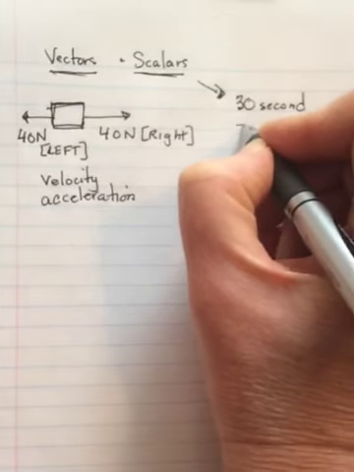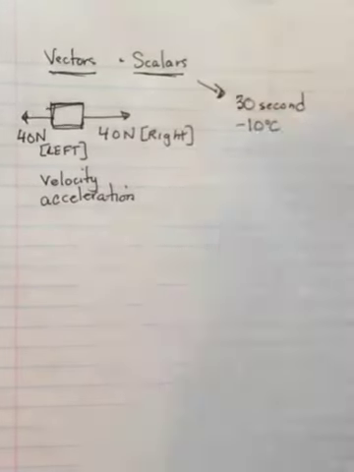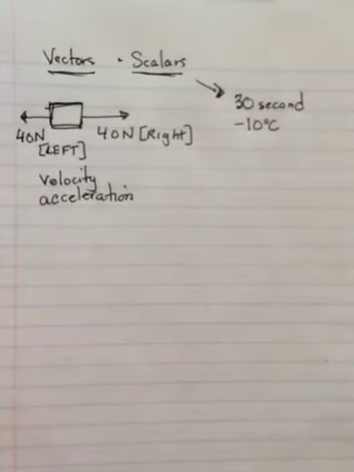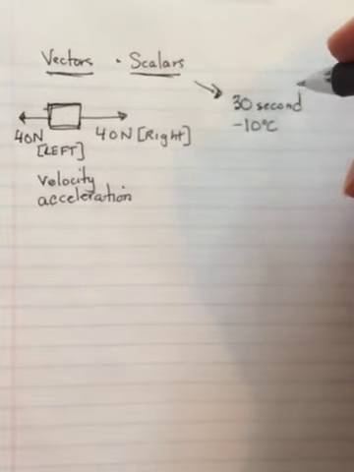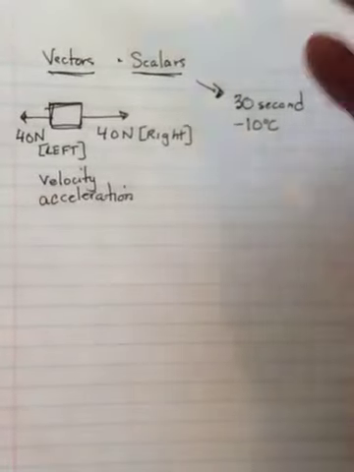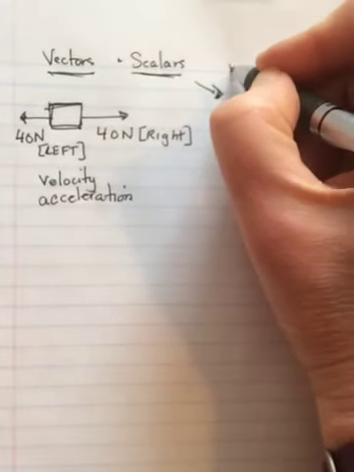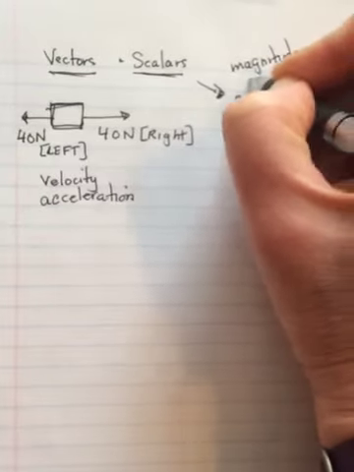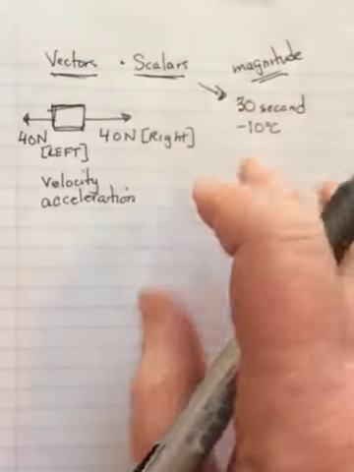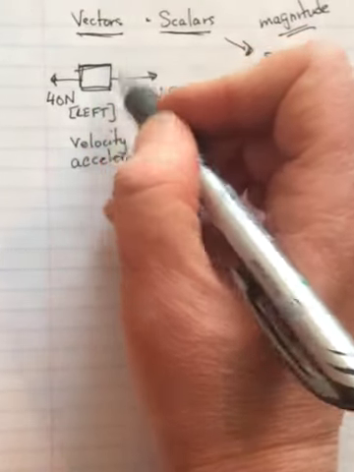For example, we might say minus 10 degrees Celsius. We don't say minus 10 degrees Celsius to the right, right? No, there's no need to put a direction on a scalar. It doesn't need it. It's completely described with just its size, or you'll often hear us say with the magnitude. Magnitude just means size.